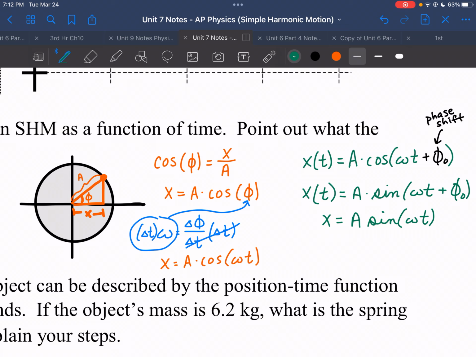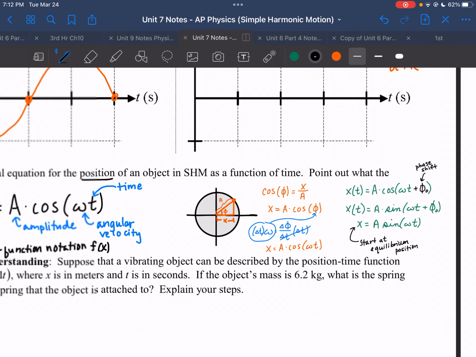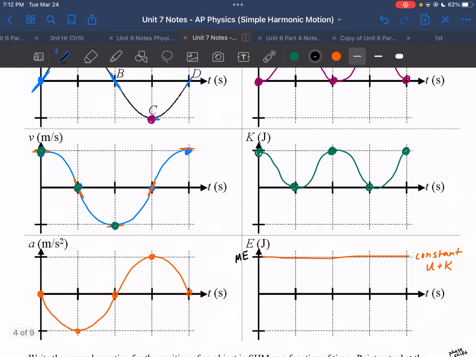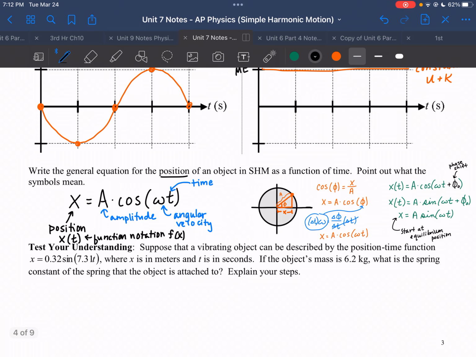This sine function, we know, starts at equilibrium. So if you're using this one, we know it's going to start at the equilibrium position. Using cosine means it's going to start away from that equilibrium position, which is typically what you see if you take a spring. You're going to stretch it to a max amplitude first before you release it.